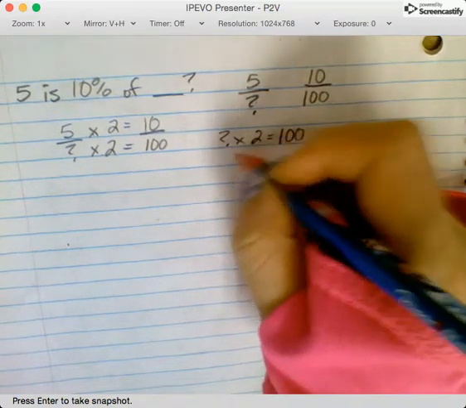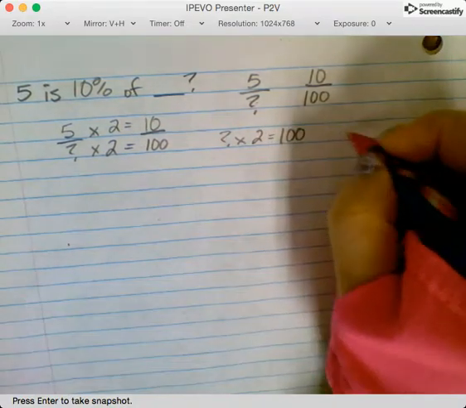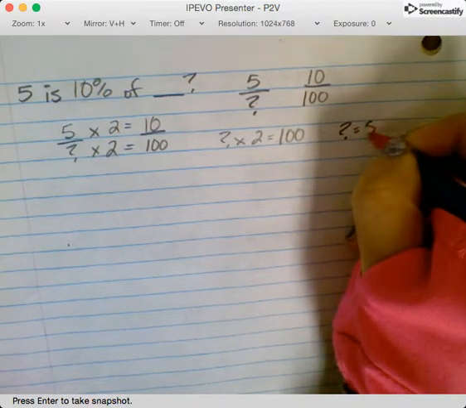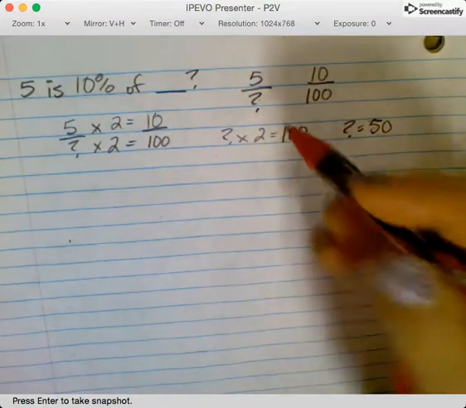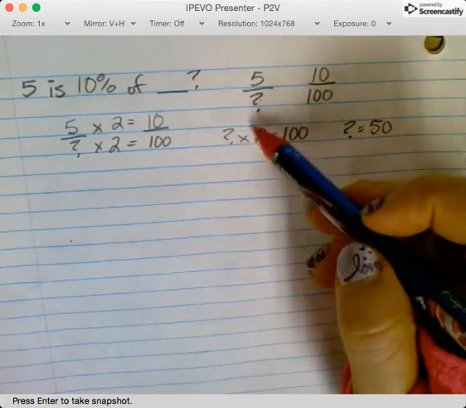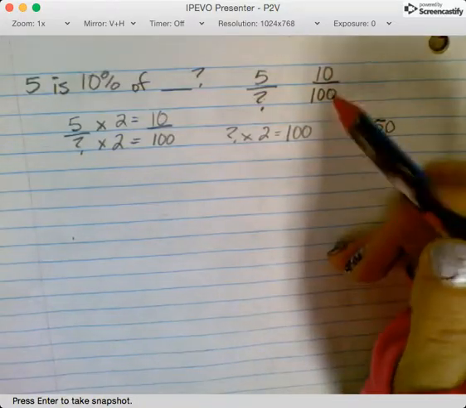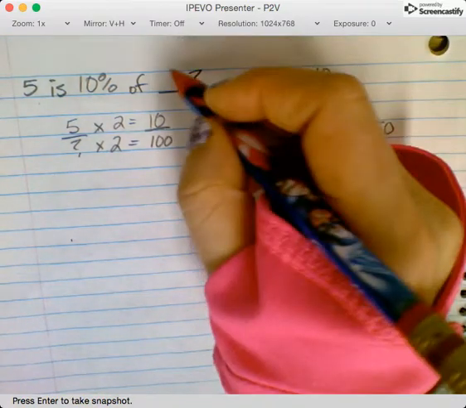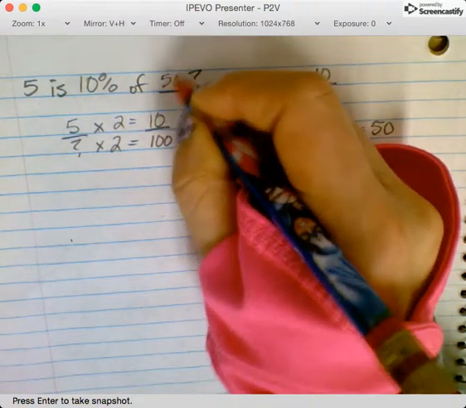Well, what times 2 is 100? That would be 50. So my answer on that one would be 50. So 5 out of 50 is 10 over 100, or 5 is 10% of 50.